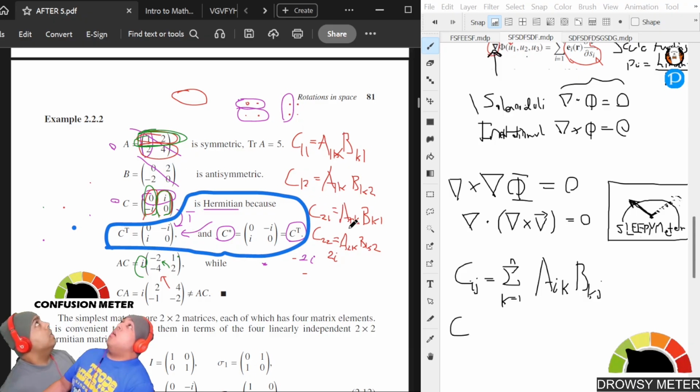Next up, C21, A2k bk1, row 2 column 1. Okay, I see the error of my ways. Okay, we move. AC equals this while CA equals this, so AC does not equal CA.